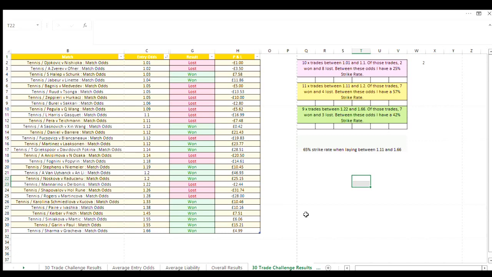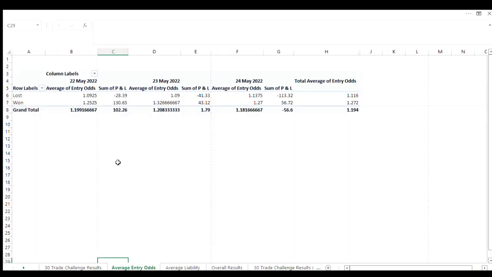Anyways, guys, that's what I wanted to show you in terms of what I learned from the results. In the previous video, I showed you a lot of the average entry odds and such, which does actually back up what I just said. My average entry odds were 1.11.